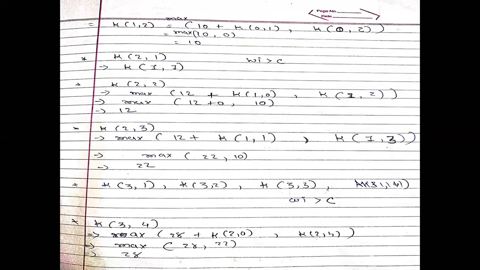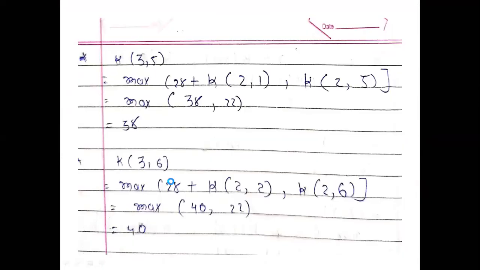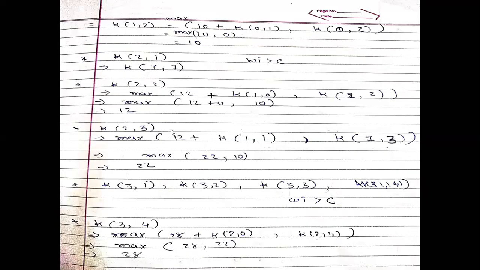Now let's check for 2 3. Let's apply the formula. Weight of second item, I તમારો 2 છે એટલે weight of second, sorry, profit of second item PI. PI એટલે કે profit, that is 12 plus K of I minus 1 એટલે કે 1 અને C minus weight of I. So 3 minus 2, that is 1.